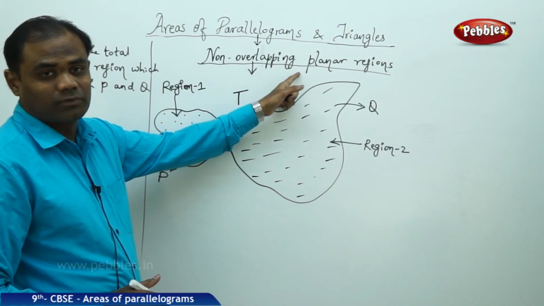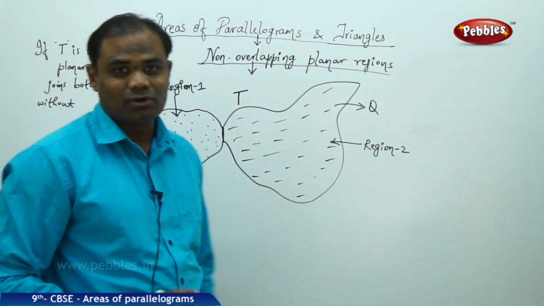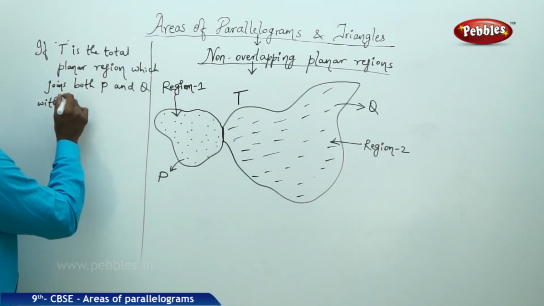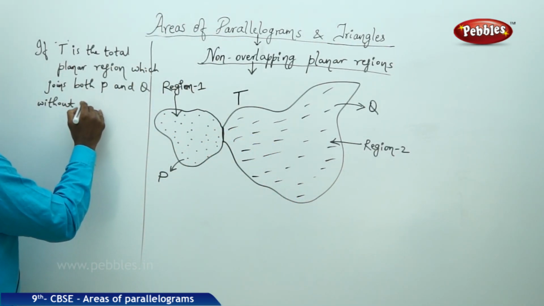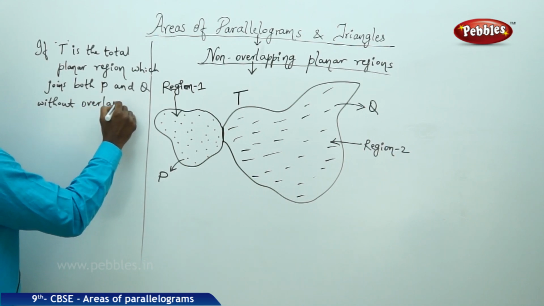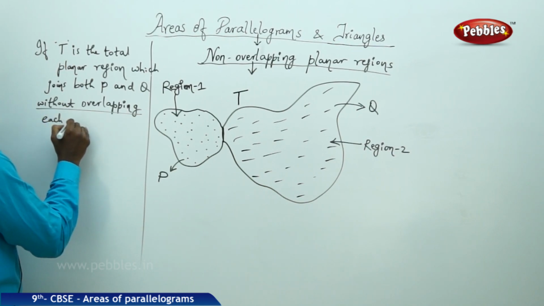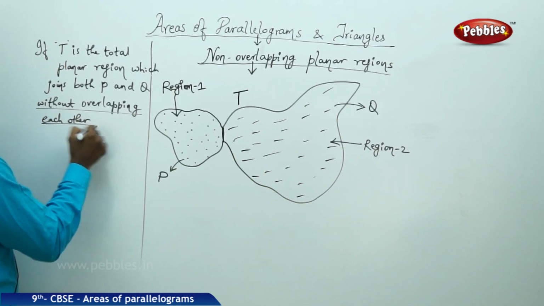One of the most important things is that the planar regions do not lose their area when they are joined. They are non-overlapping, so this plays an important role, without overlapping each other.